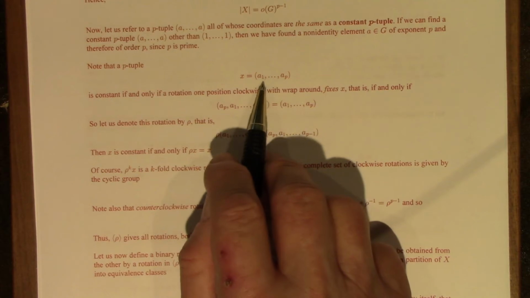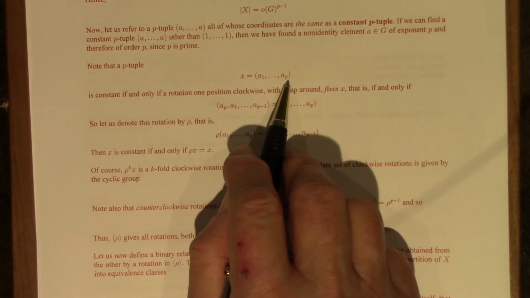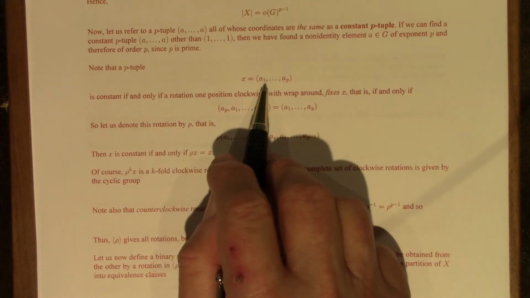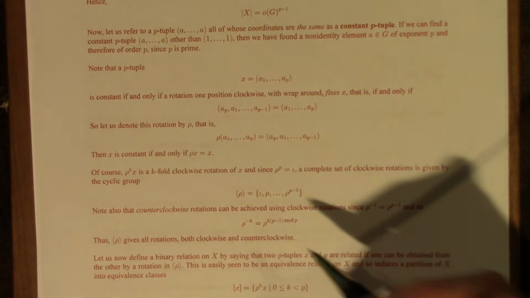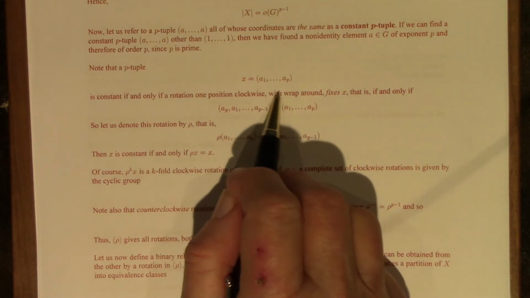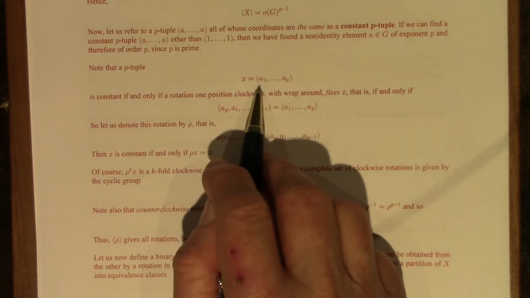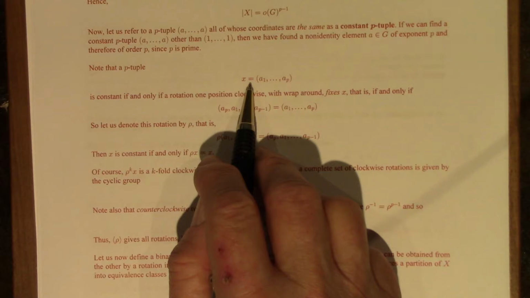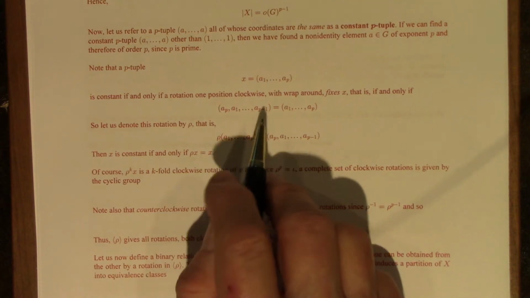Note that a p-tuple, such as this, is constant if and only if a rotation one position clockwise, so actually to the right would probably be a better way to say it, with wraparound, fixes the p-tuple. In other words, doesn't change it. So this is the clockwise rotation.